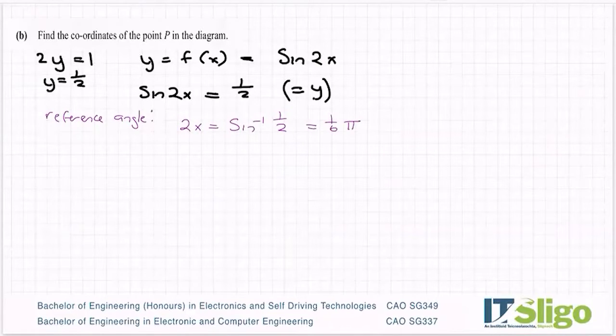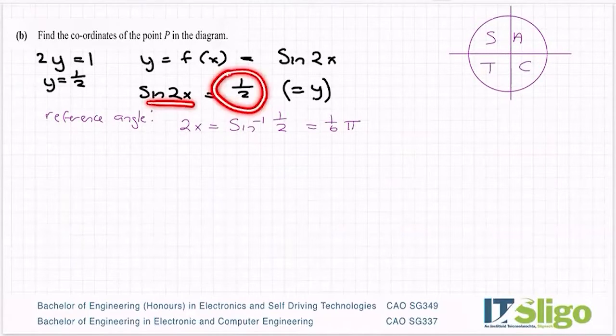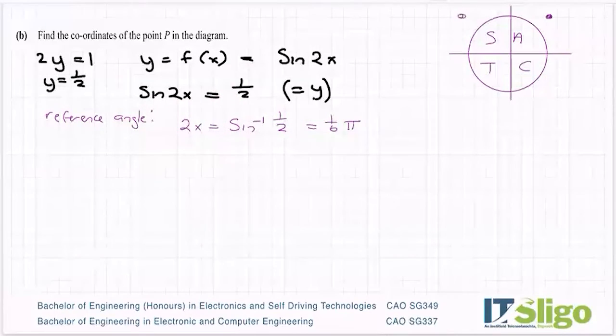Okay, let's draw my CAST. And I'm looking for what quadrants is sine positive, okay? Because this is a positive number. So this angle sine is positive and this one sine is positive, okay? So sine positive. Okay, so quadrant 1.